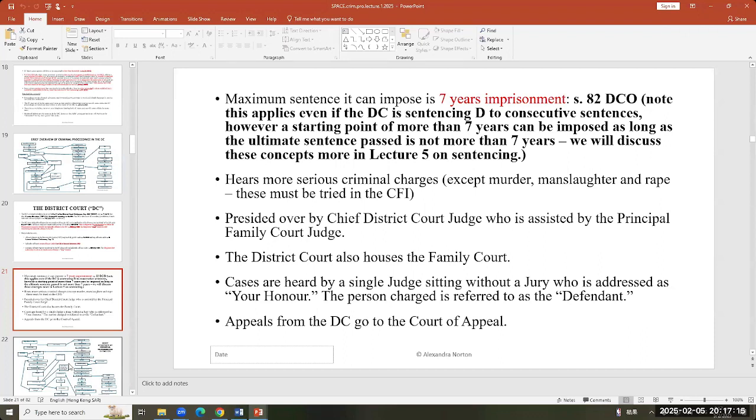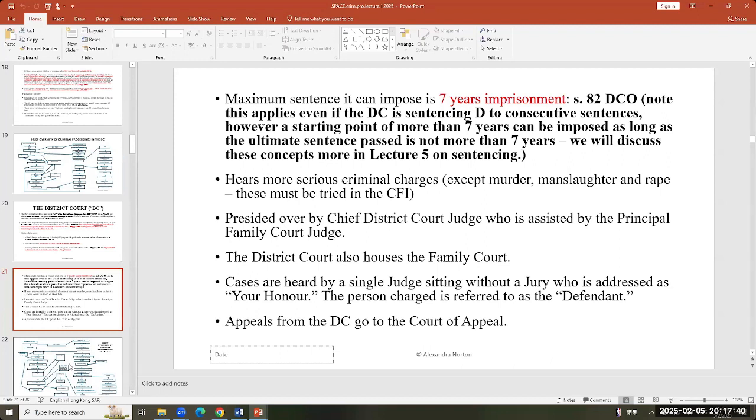But when we get to the lecture on sentencing, we'll see that if the judge is going to sentence a defendant to a period of imprisonment, the first thing he does is impose a starting point. And then from that starting point, he either increases it for aggravating factors or reduces it for mitigating factors, and then he arrives at the ultimate sentence.